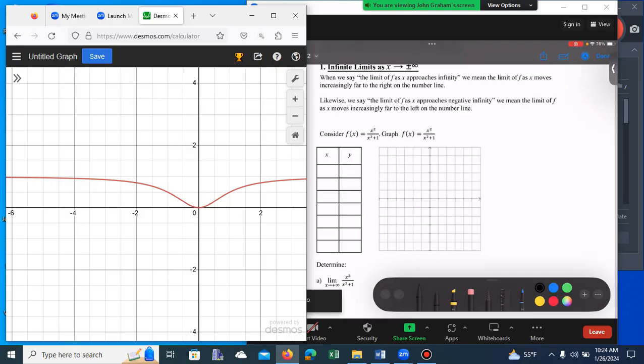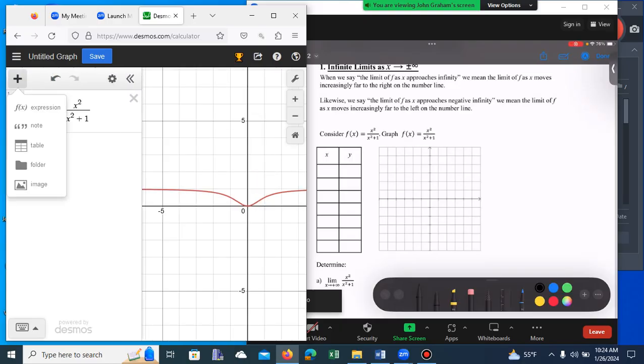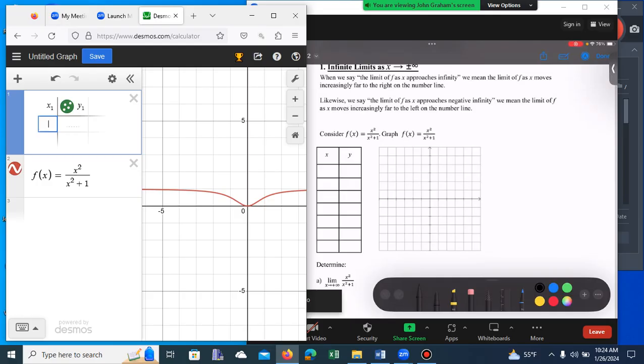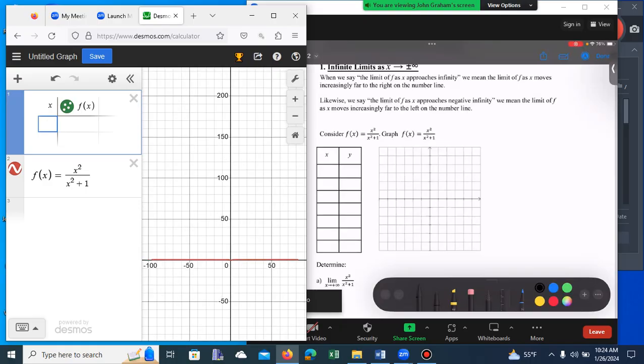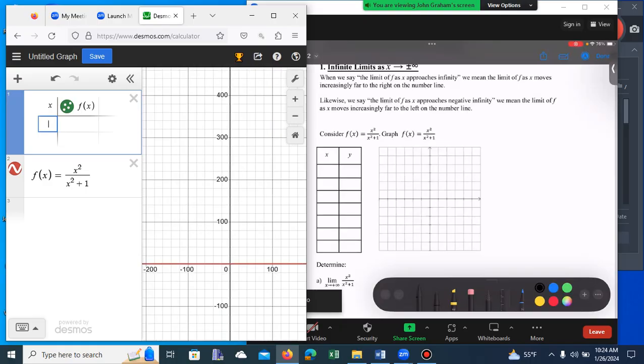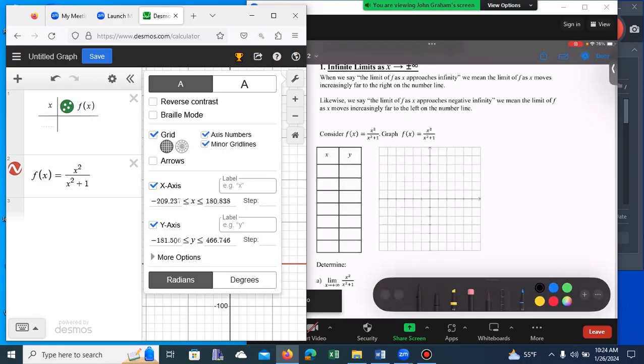Okay. Let's get a table. So we'll do table, and we'll put this in as x. We'll put this in as f of x. We can plot some points so we can see some points on the graph as well. And we're going to want to zoom out some with this.